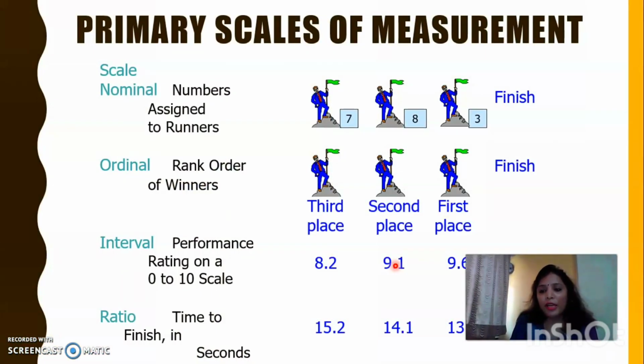So there are 4 types of scales: nominal scale, ordinal scale, interval scale and ratio scale. So nominal scale is a very simple scale, a very lower level of scale, and in this scale numbers are assigned to identify the objects.